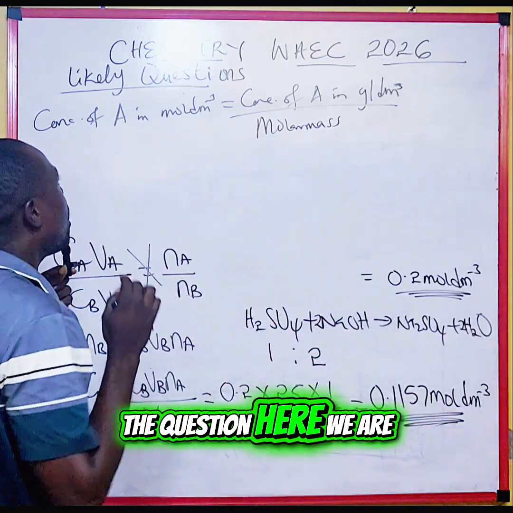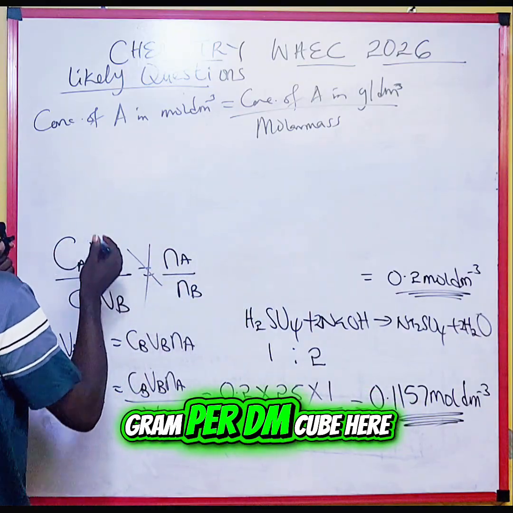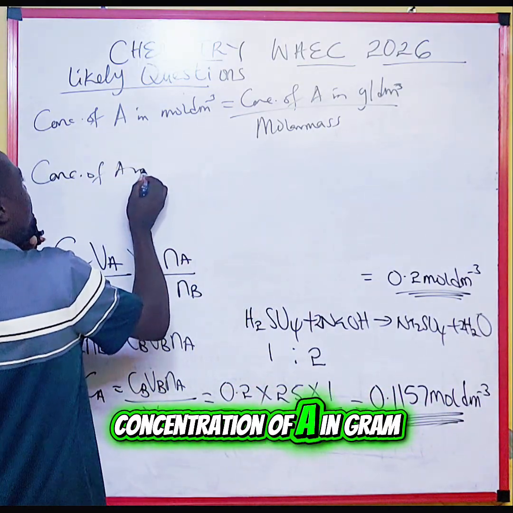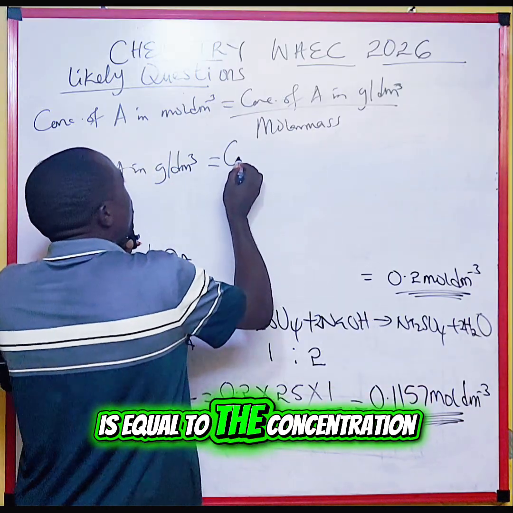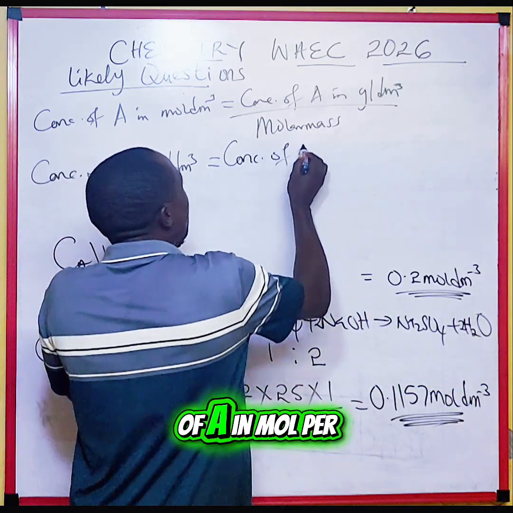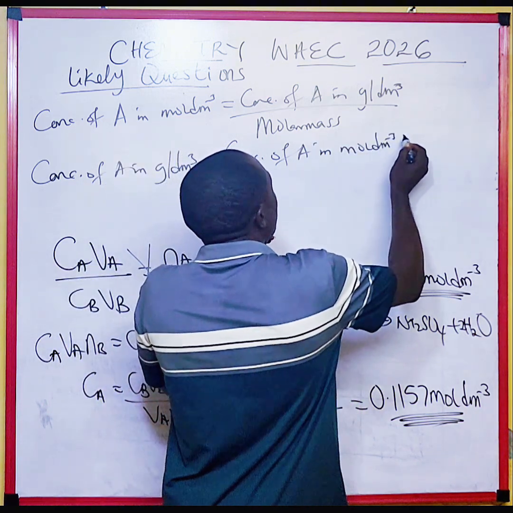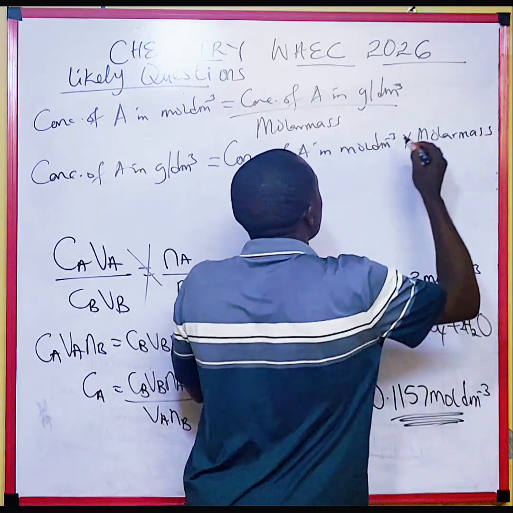Now from the question here, we are looking for the concentration of A in gram per dm cube here. So concentration of A in gram per dm cube is equal to the concentration of A in mole per dm cube multiplied by the molar mass.